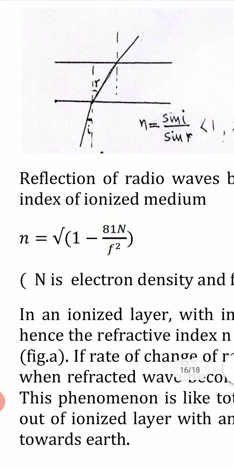So as capital N increases, small n decreases, and this radio wave bends away from the normal. This angle of refraction R becomes greater and greater each time the refraction takes place.